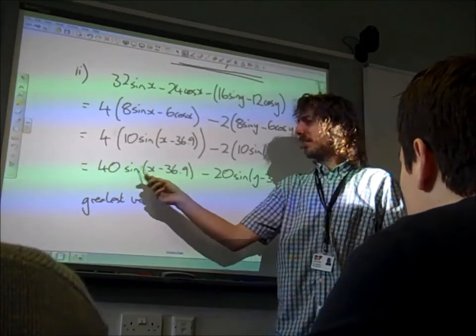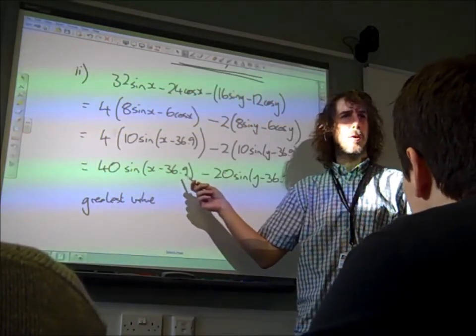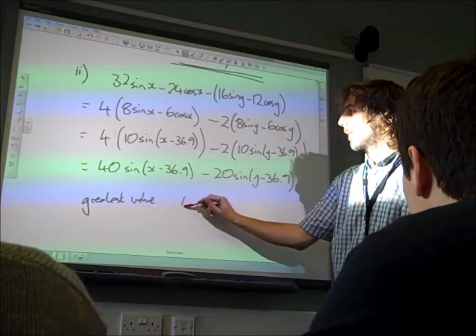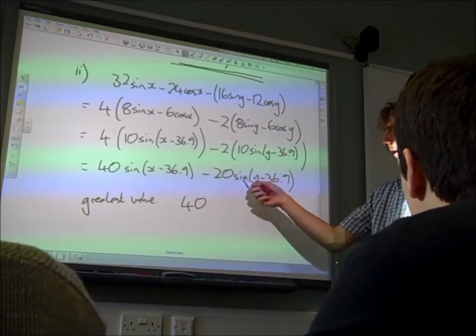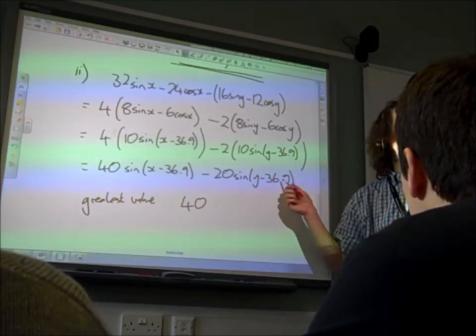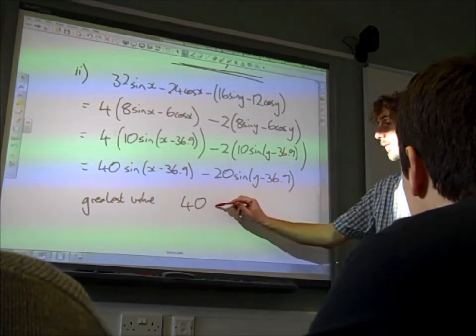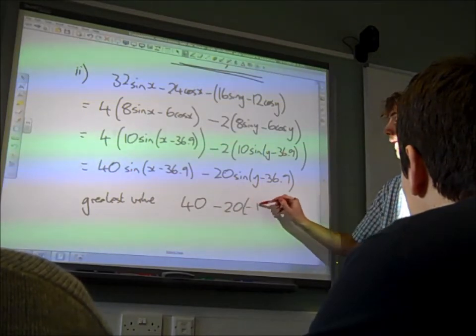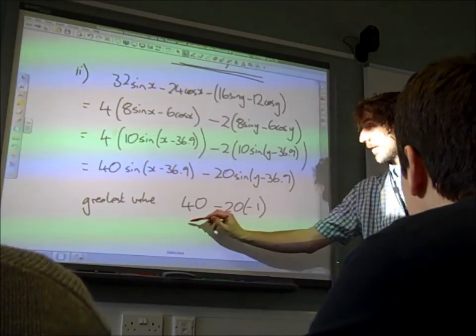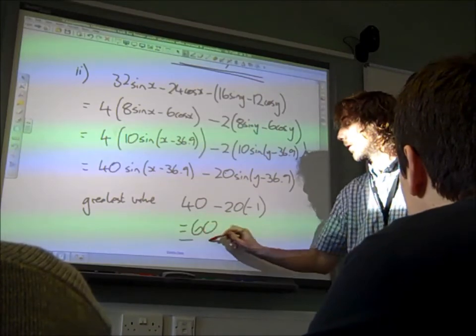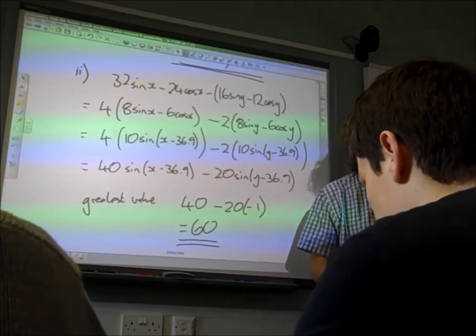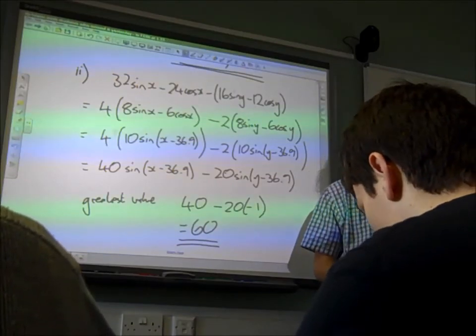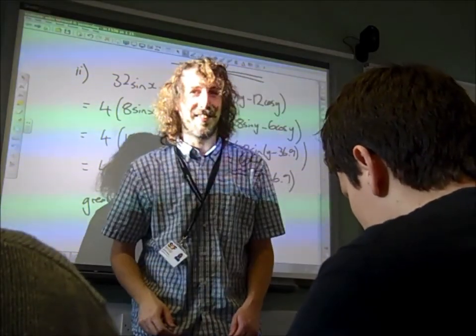That would be when sine of x minus 36.9 equals plus 1, which makes that 40, and when sine of y minus 36.9 is equal to minus 1, because that means we'd be taking away 20 lots of minus 1, which gives us a greatest value of 60. And there is your final answer for 3 marks, and that's maths.